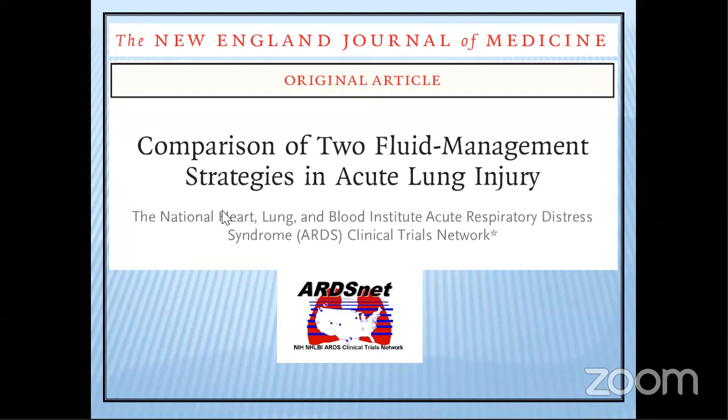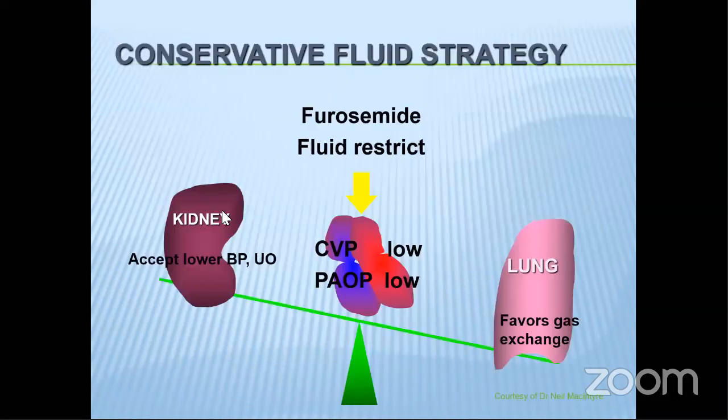So this is one of the long-time studies, named the FACTT study, to compare patients with ARDS who were given more fluids with another group that we were conservative in giving fluids. Of course, if we give our patient diuretics and we restrict fluid intake, patients have better oxygenation and ventilation, but it will compromise the intravascular volume status of your patient, may compromise the renal blood flow, then the patient may develop worsening of his renal profile, and some of them will develop acute kidney injury.